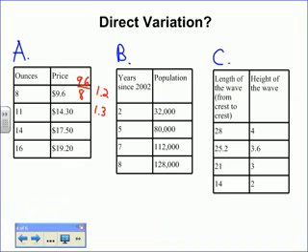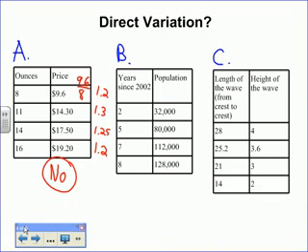So right away we know it's not. So we would say no, it's not direct variation because it's got to be consistent the whole way through. So that product doesn't have consistent pricing for different weights. It should be the same price per ounce no matter how much you get.